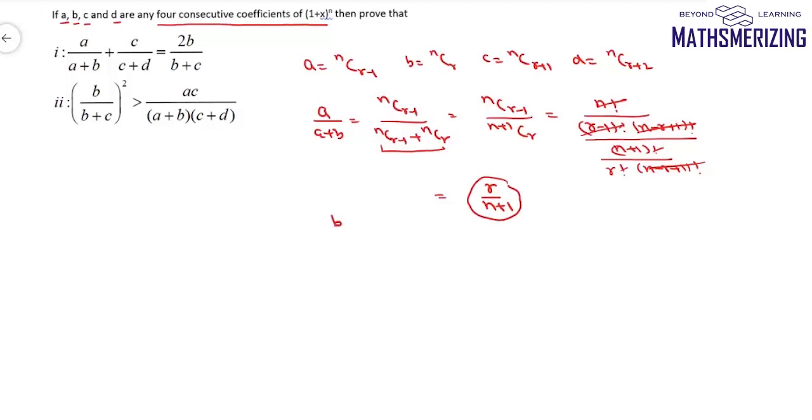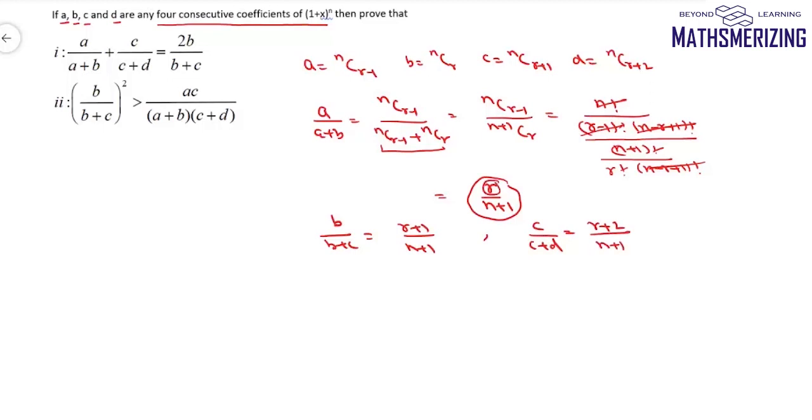Now what about b/(b+c)? From symmetry I can say, if a/(a+b) is r/(n+1), then b/(b+c) will be (r+1)/(n+1). And following the same argument, I can also say that c/(c+d) should be (r+2)/(n+1).